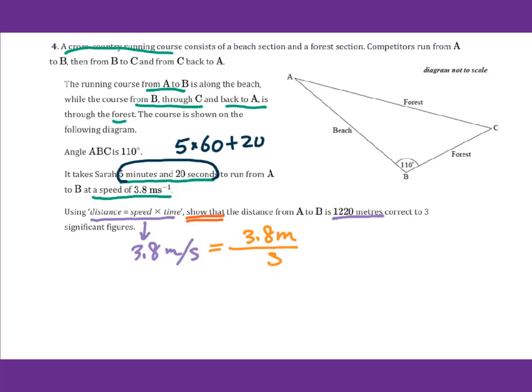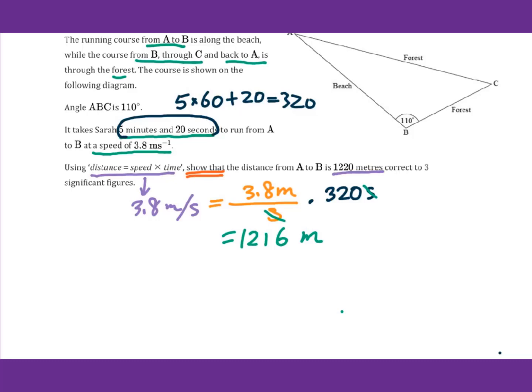Then you add 20. You have 320 seconds. So you multiply by 320 seconds. Then you use the calculator. You will get 1216. The seconds are gone, only meters left.